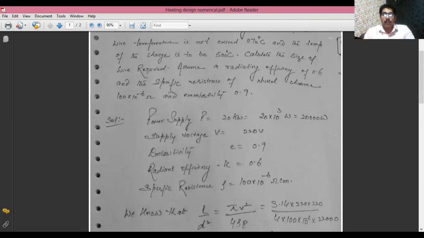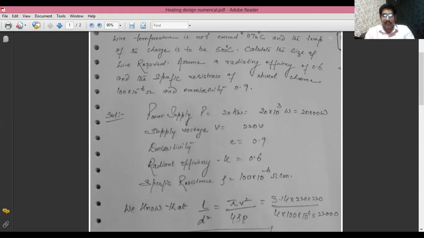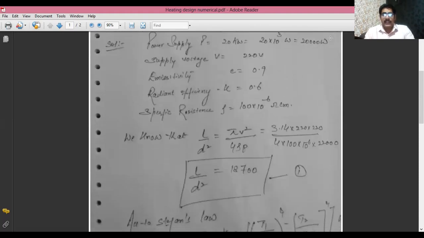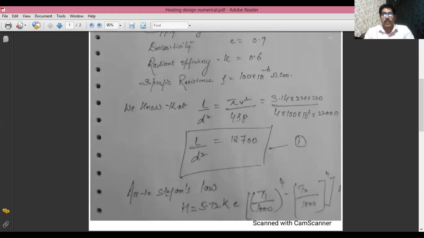I can use that formula. Here we have 3.14 into 220 into 220 upon 4 into 100 into 10 raised to power minus 6 into 20,000. So once you get the value, L upon D square is equal to 1870, and it will be your equation number 1. I think this will be clear to you.